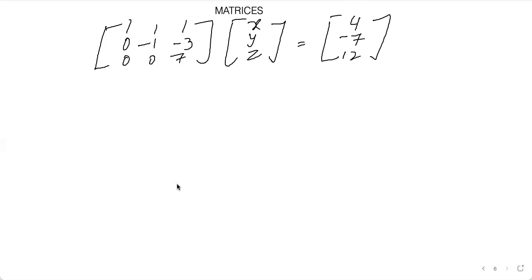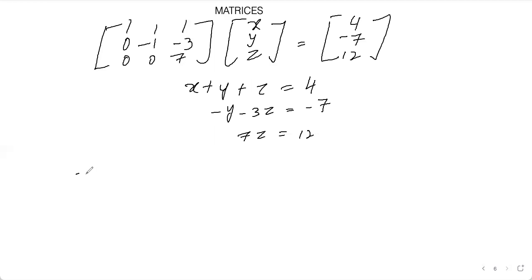So on further, putting that as x plus y plus z, which is equal to 4, and minus y minus 3z is minus 7, and 7z, which is equal to 12, right?